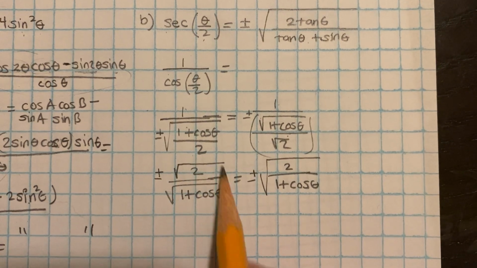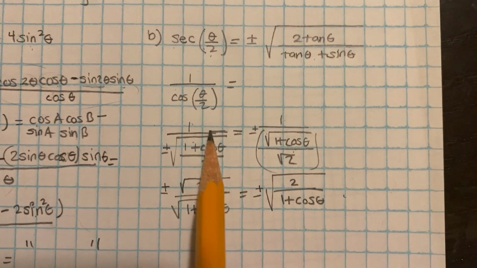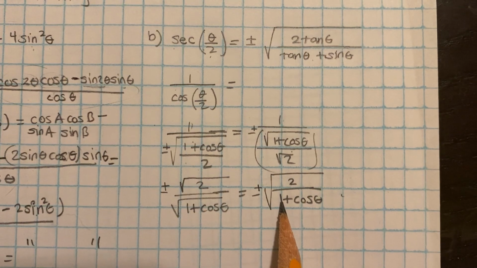I went from splitting it up back to this. So 1 over this just ends up being this.